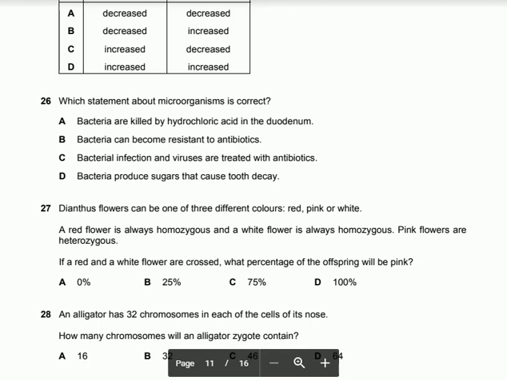Moving on to B. Bacteria can become resistant to antibiotics. This is a major question asked in many of the papers, but in a different way. They just spin you around the question. They won't hold your ear in the right way, they'll pinch it another way.